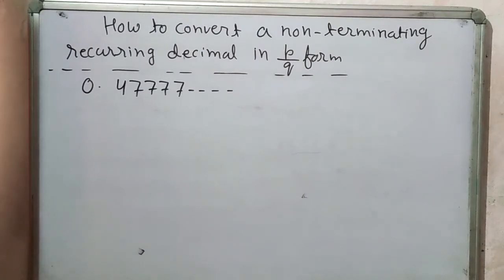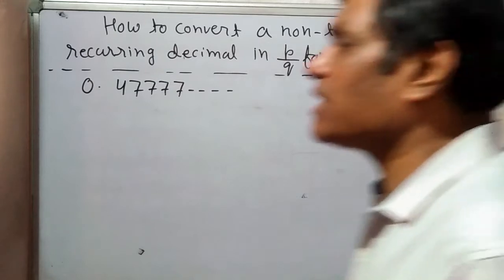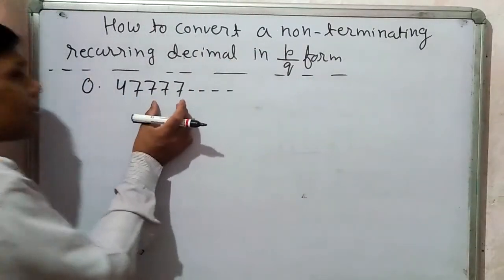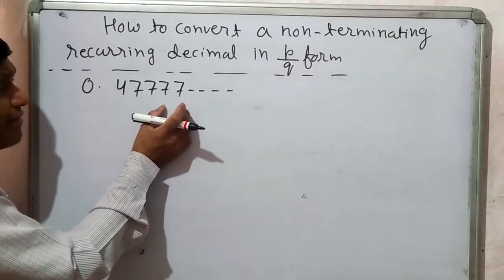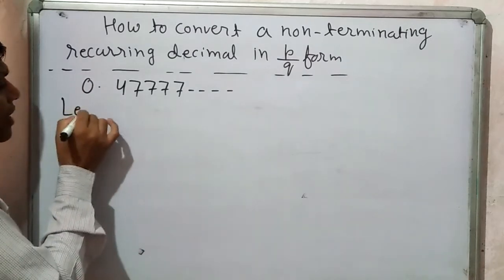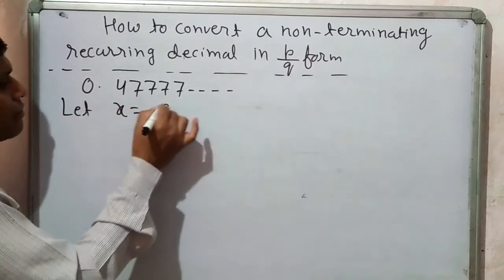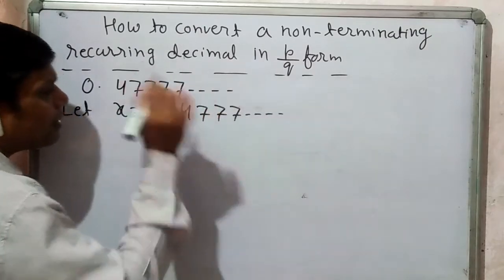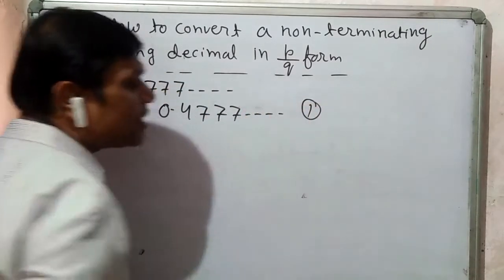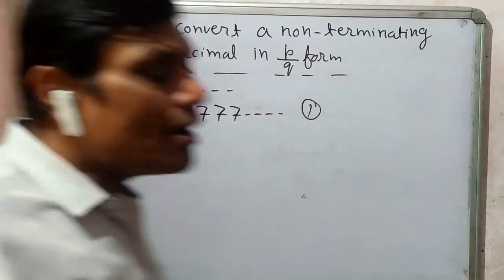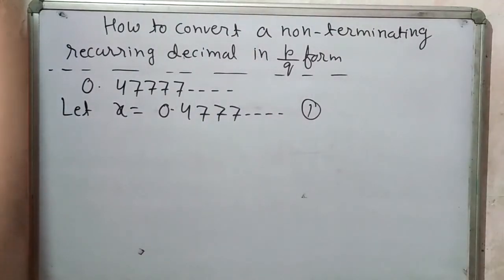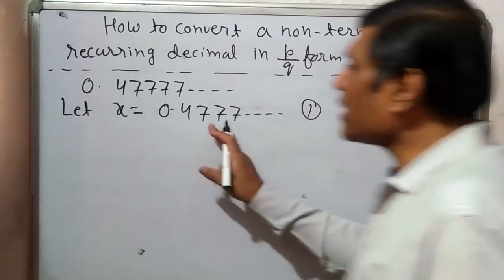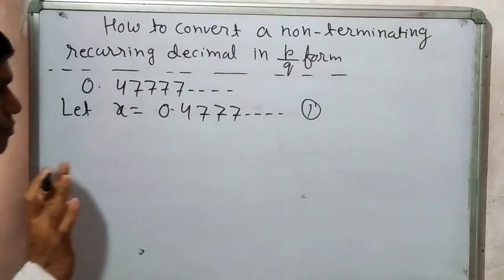So we have the decimal 0.47777 with 7 repeated. What we'll do is take x equals 0.4777 repeated. We mark this as equation 1. Now we multiply it by 10 because only a single digit is repeated.